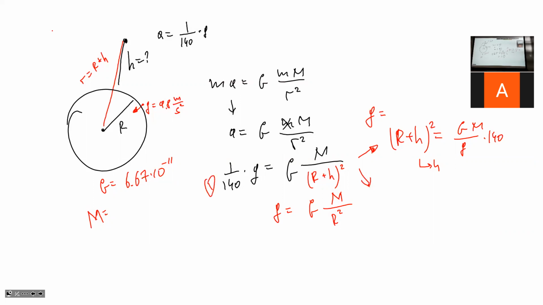So you've got two simpler equations, and you can just divide, cancel g, cancel m, cancel big G. All you have to do is solve it using the radius. Well, the radius you have to use from the WebAssign. Okay, and that's it. Thank you.